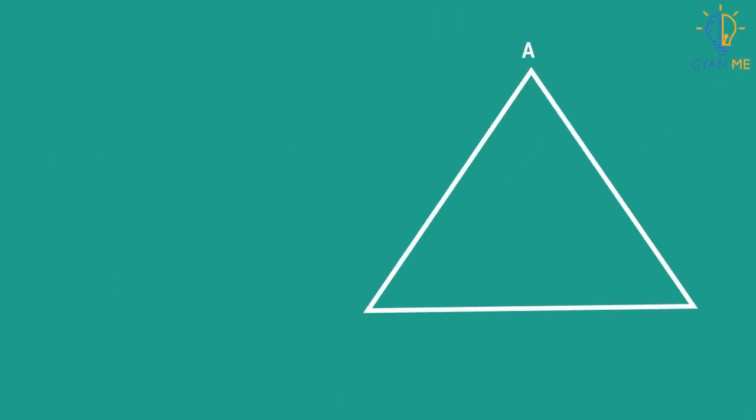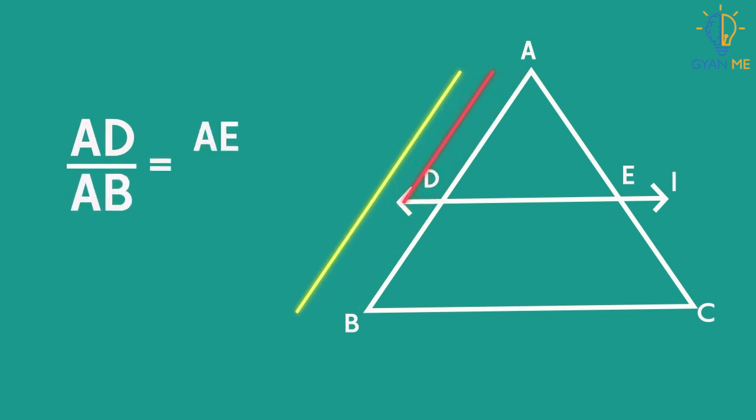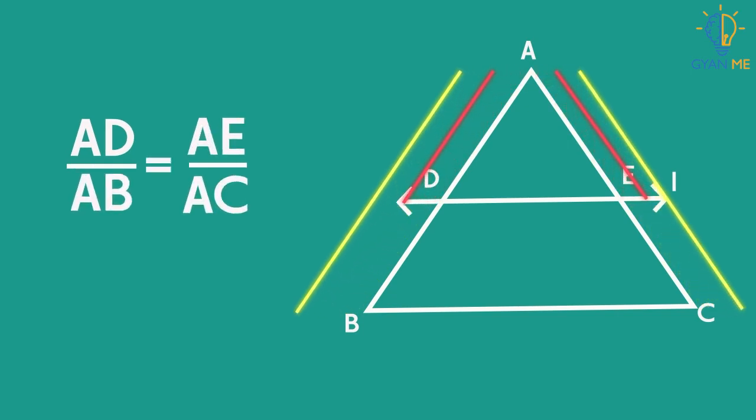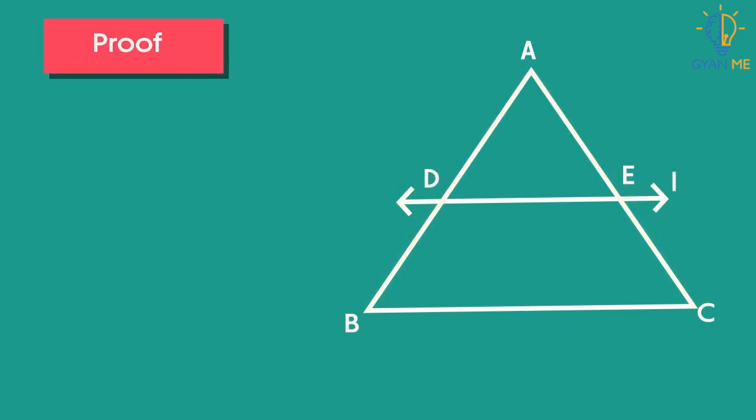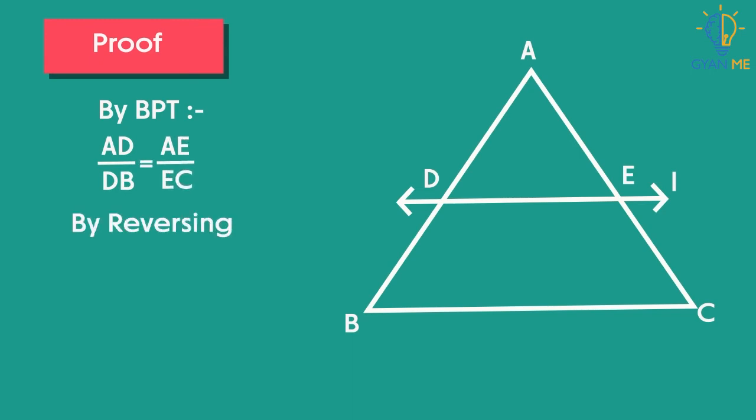But students, if I ask you whether the ratios AD upon AB and AE upon AC are also proportional, let us answer. By BPT, we already have AD upon DB is equal to AE upon EC. Now students, reverse this equation. We get BD upon AD is equal to EC upon AE.